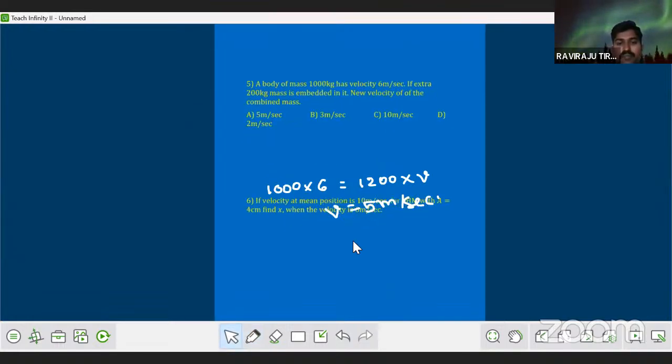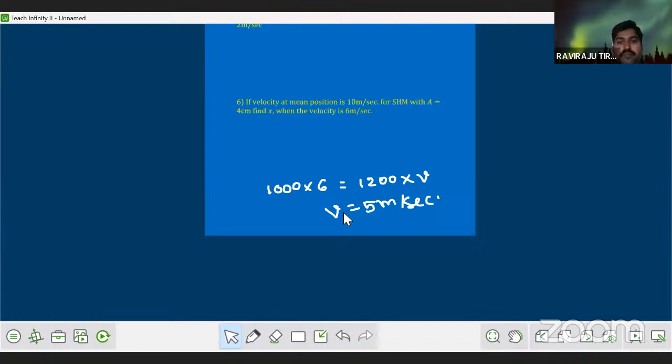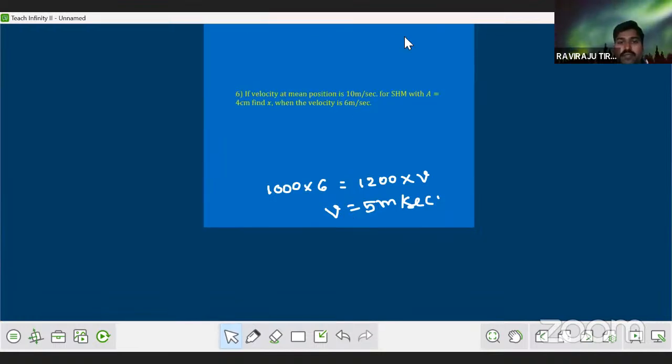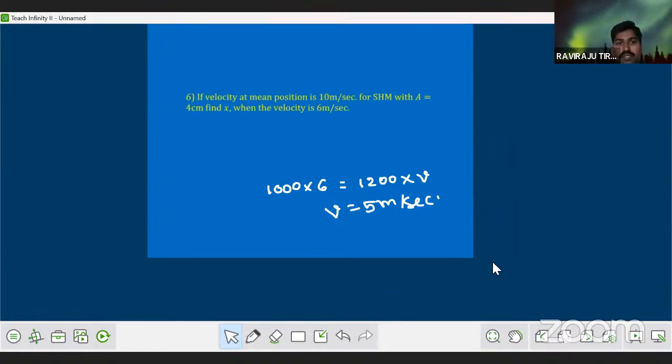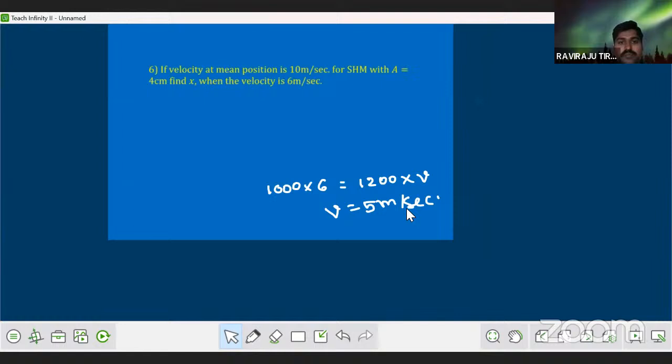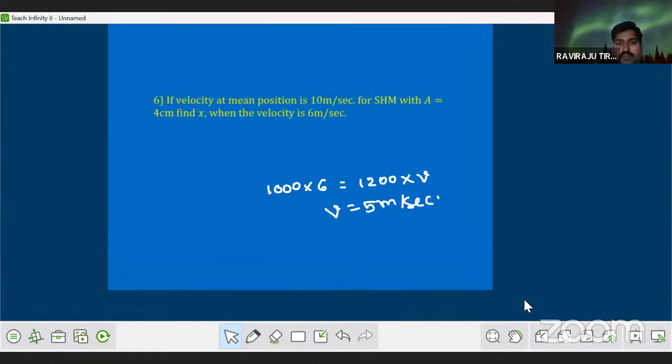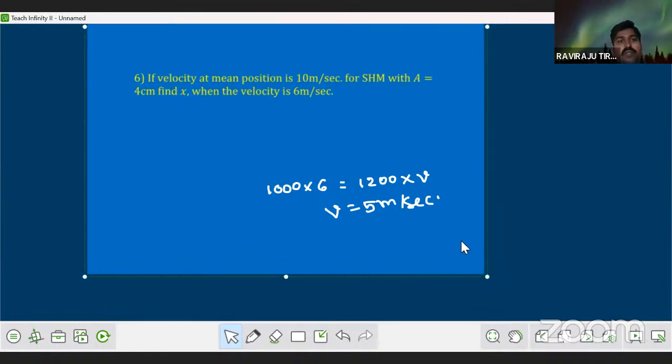Okay. Next one. Let me just read the question. If velocity at mean position is 10, I will write here centimeter per second.